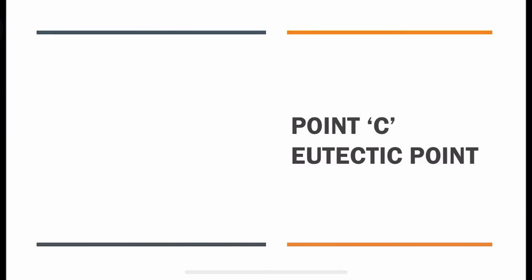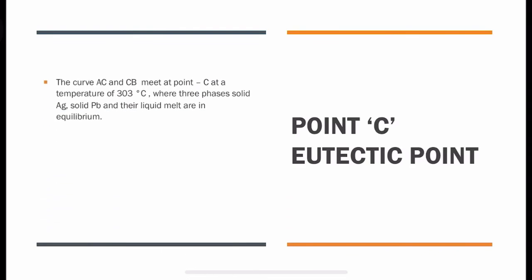Now another important point is C. This is called the eutectic point. The curves AC and CB meet at point C at a temperature of 303 degree Celsius, where three phases, solid Ag, solid Pb and the liquid melt, are in equilibrium, right?